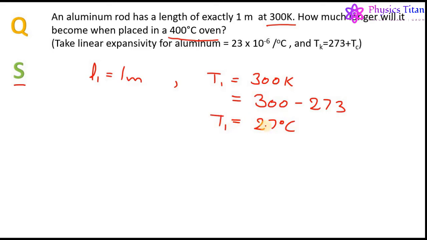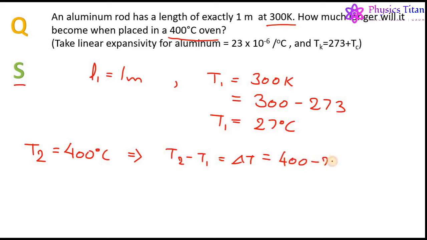So T1 equals 27 degrees Celsius and the temperature in the oven equals 400 degrees Celsius, which gives us the temperature difference T2 minus T1 equals delta T equals 400 minus 27 degrees Celsius, which is equal to 373 degrees Celsius.